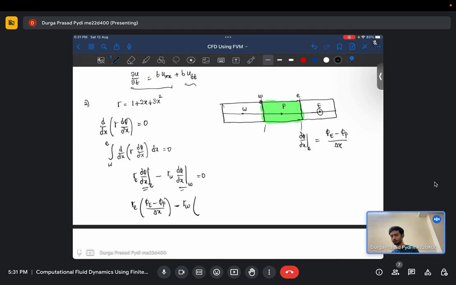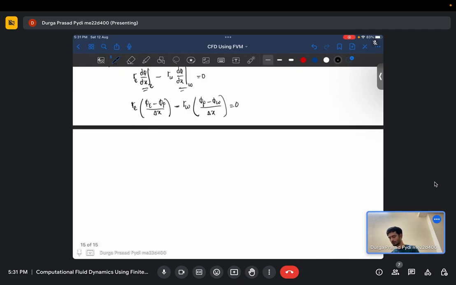On the west face, if you want to calculate d phi/dx, that will involve the value to the right minus the value to the left: phi P minus phi W by delta x, equal to 0. If you rearrange these equations, the expression for phi P is gamma e times phi E plus gamma w times phi W, divided by gamma e plus gamma w.